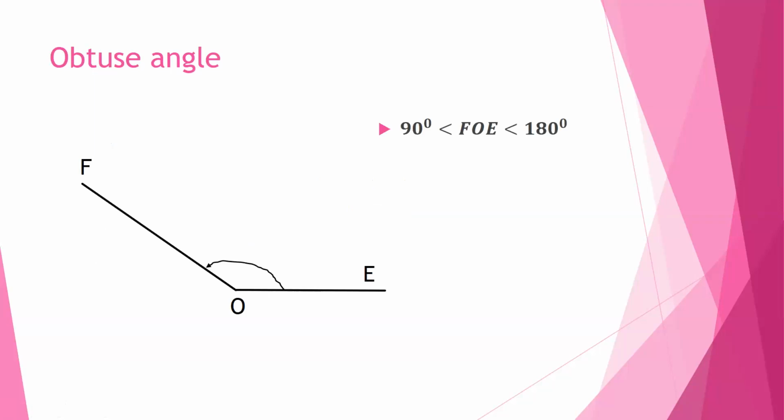So we also have obtuse angle. And an obtuse angle, we say, is an angle that is what? The angle is greater than 90 degrees, but less than 180 degrees, right? So FOE is less than 180 degrees, but greater than 90 degrees.